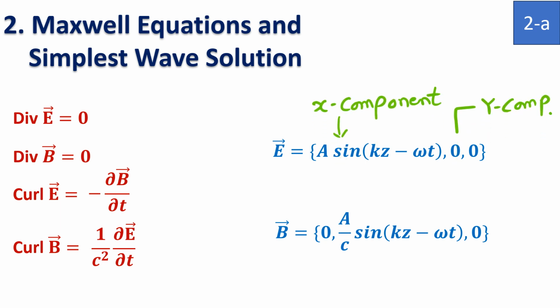It shows that the electric field is simply a sine wave existing only in x direction. The magnetic field is in purely y direction. In the next slide, we will write Wolfram Alpha commands for Maxwell equations with the proposed solution.